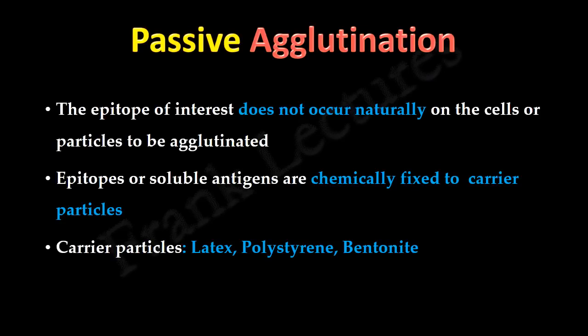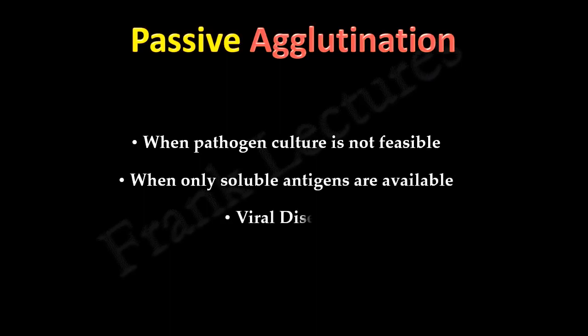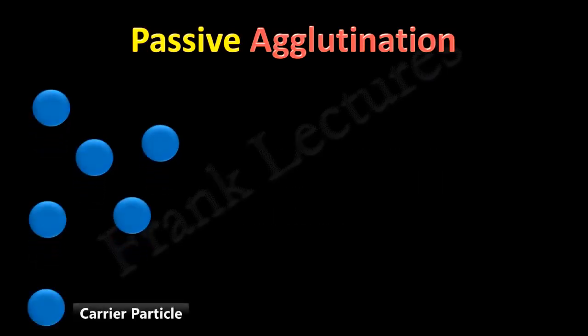The advantage of passive agglutination is that we can easily perform agglutination and interpret results in cases where pathogen culture is not feasible or only soluble antigens are available. For example, in viral diseases. Let's say these are the carrier particles, for example latex beads.